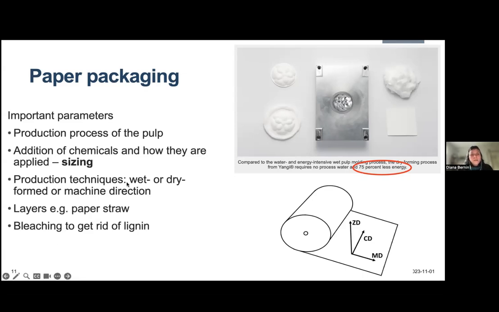And this you do by, for example, adding chemicals, which is called sizing. But then how water or any other liquid is transported into this paper packaging material might also depend on the production process of the pulp, but then also on the production techniques. For example, if it's wet or dry formed.